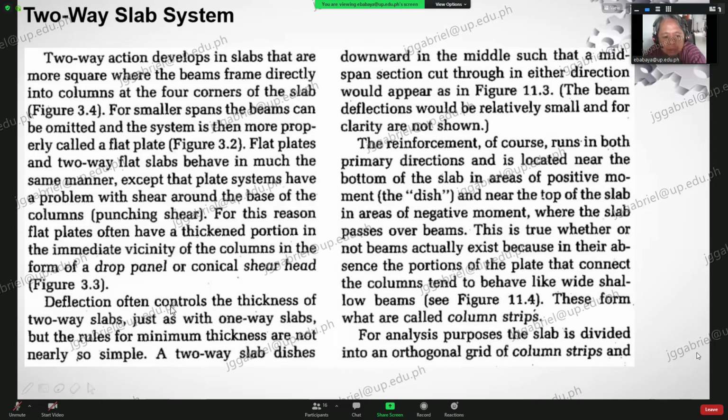It says deflection often controls the thickness of two-way slabs, just as with one-way slabs, but the rules for minimum thickness are not nearly so simple. As we mentioned, medyo mas detalye, no? Mas elaborate yung pag-analyze ng mga two-way slabs.